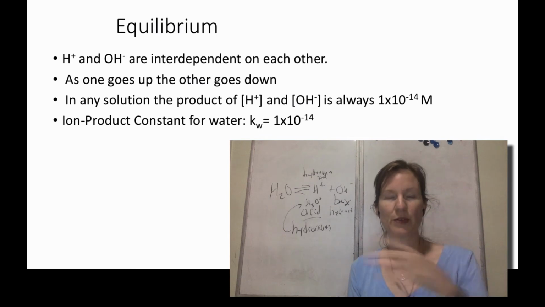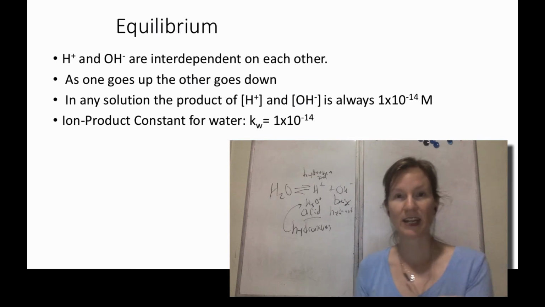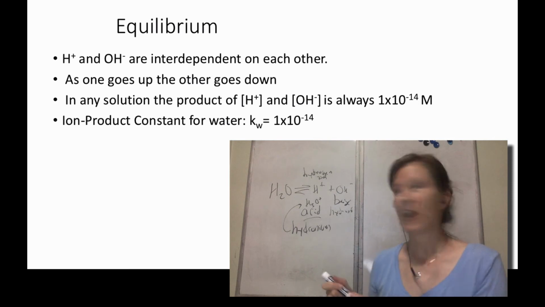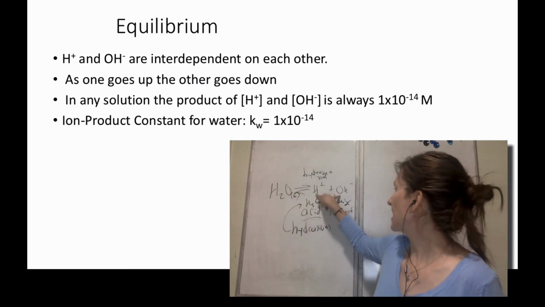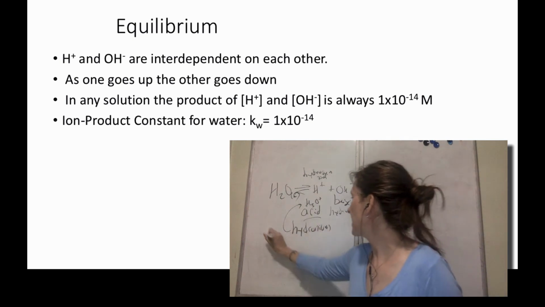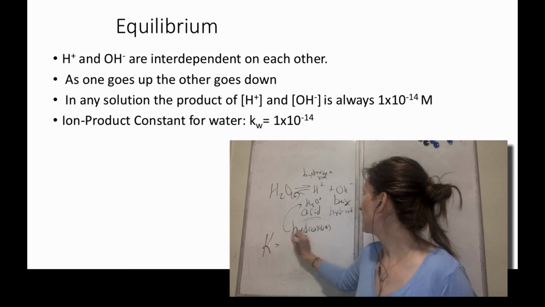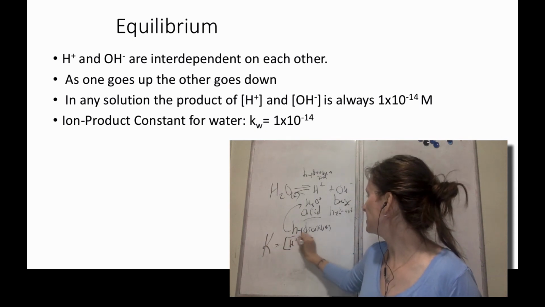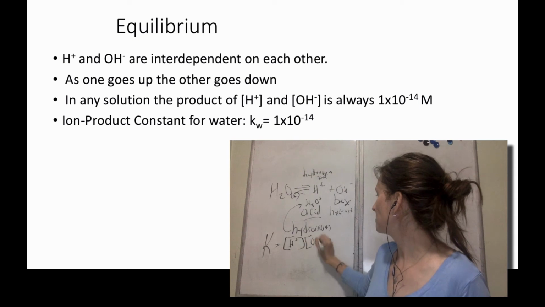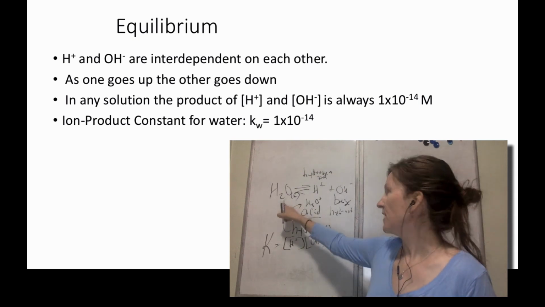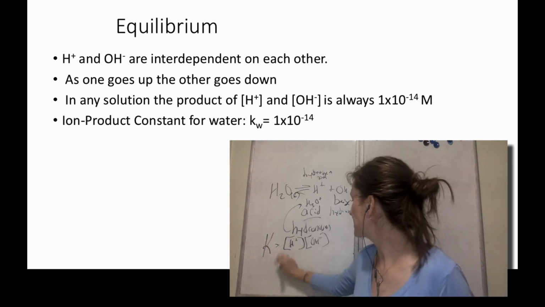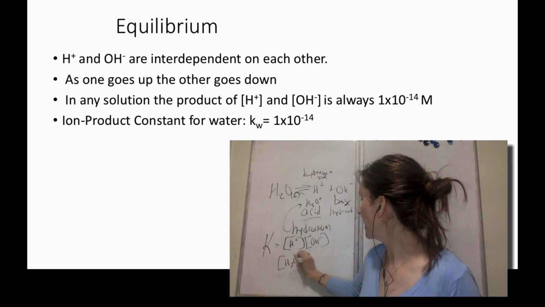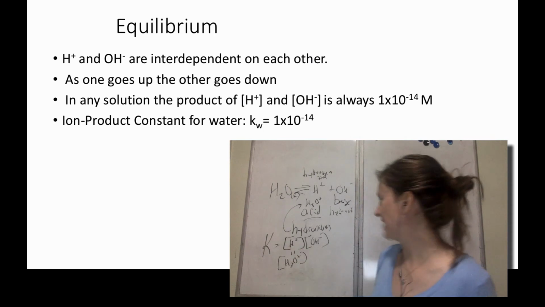Because in neutral both of them are 1 times 10 to the negative 7, we could write an equilibrium expression for this. We don't have water as part of it because water is a liquid, but these ions are both aqueous, which means my K expression will equal the concentration of the H plus times the concentration of the OH minus. If I had done the other equation like I have on the last slide, this equation could instead substitute in H3O plus, and those would be the same.